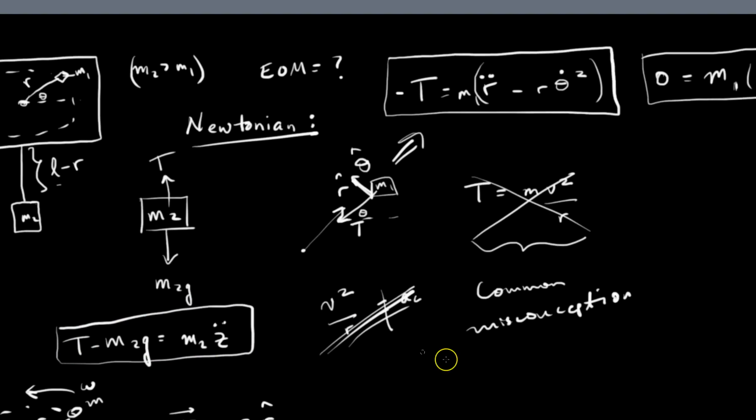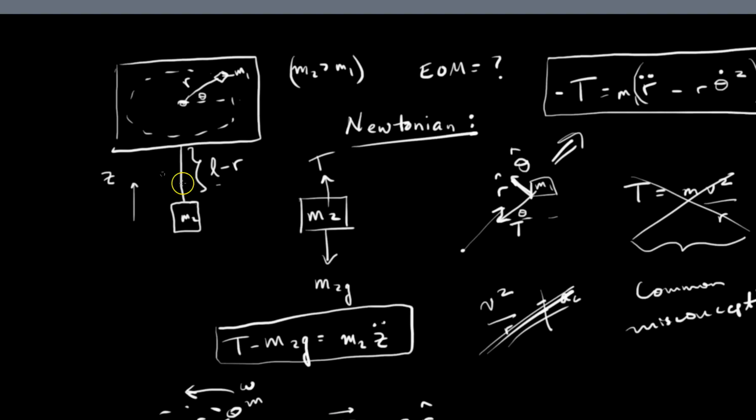And now Newton says that we must have some constraint, and clearly our constraint is very easy to find here. Our constraint is that the string has to have a length of L, right? So that means that R, the length of this, plus the length of the vertical direction, which is Z, has to be equal to L. Very simple.